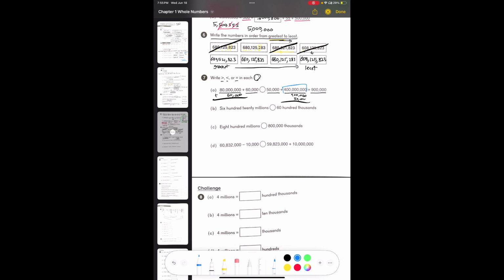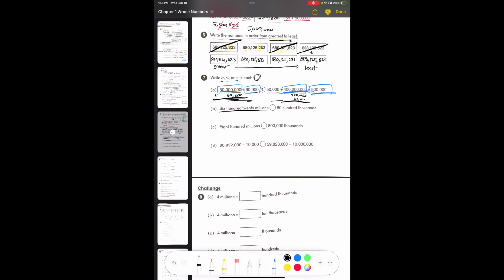There's already a 400 million here, and the greatest number that this has is an 80 million. There's no way, if you're only adding 60,000, that you can be greater than 400 million, since 400 million is a very big number, and you're adding another 900,000 on top of that. So our answer here is going to be this is less than this.